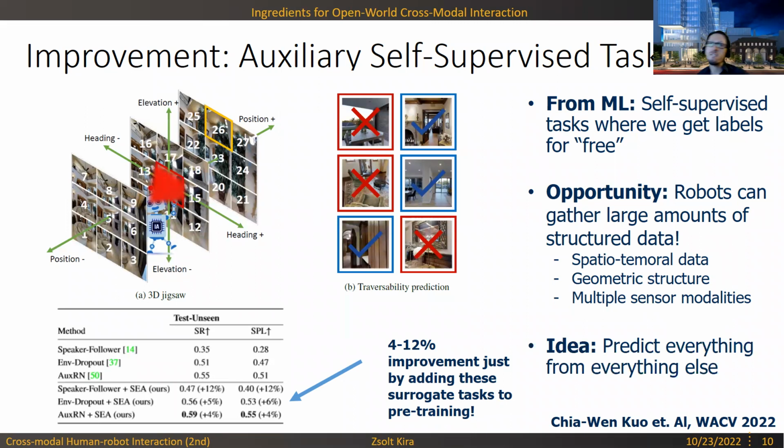One interesting idea that you can potentially think about, and we haven't really done yet, is to not just use the current masked autoencoders or all sorts of different transformer-based self-supervised learning, but really use that kind of notion to predict everything from everything else.